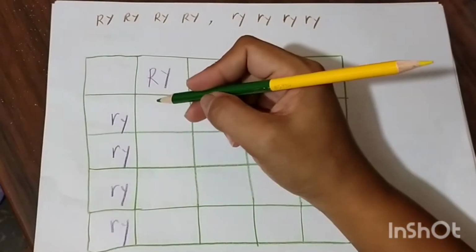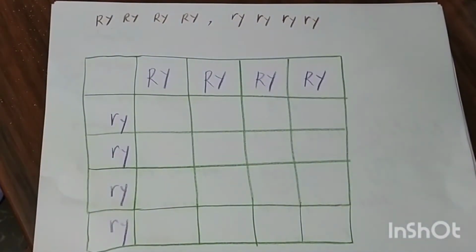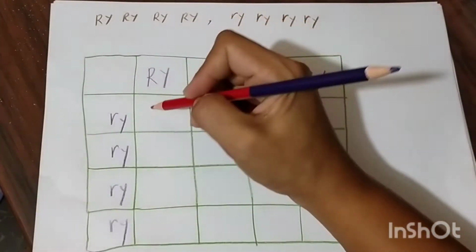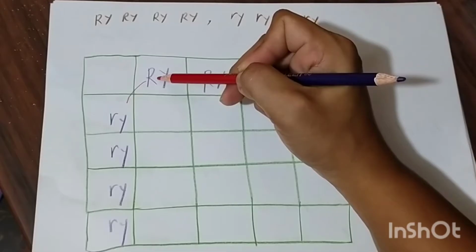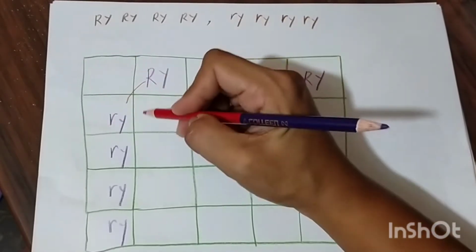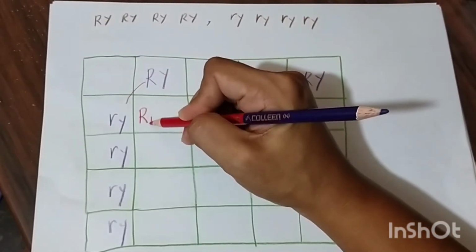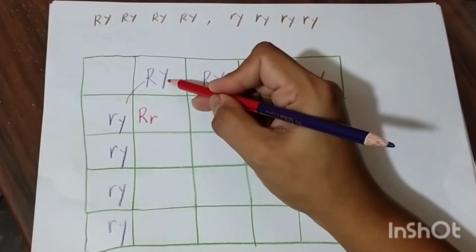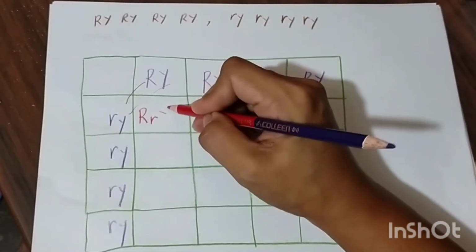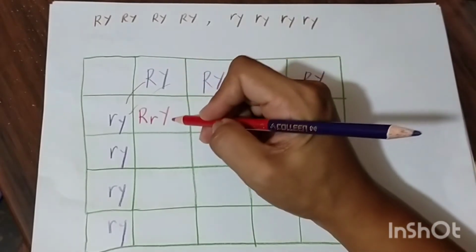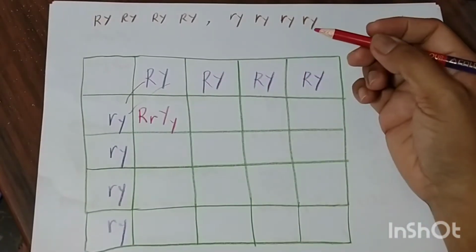And then we'll cross an allele for round and an allele for wrinkled, so we have capital letter R and small letter r, and an allele for yellow and an allele for green, so we have Y, which is capital, and small letter y.